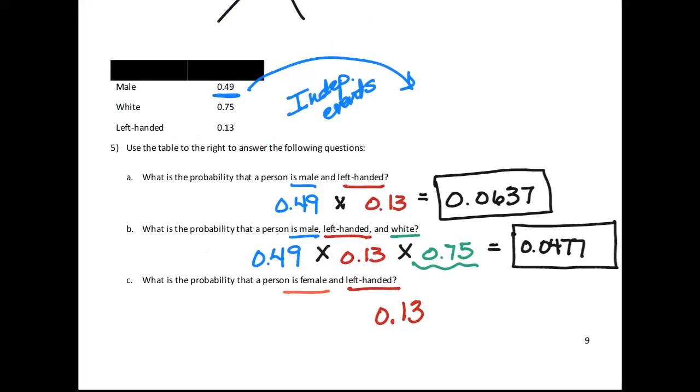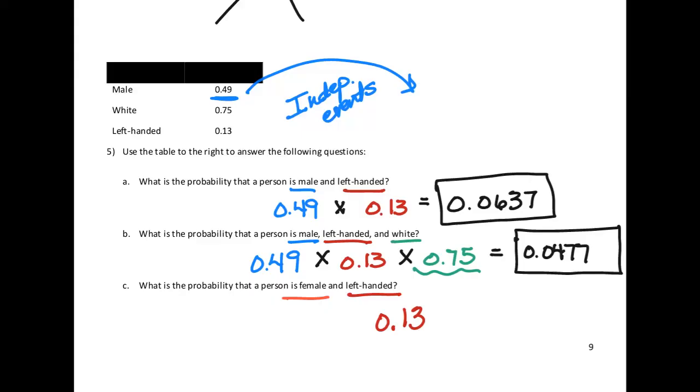So, yes, you take one whole to find the probability that female. You take one whole minus the probability of male, because if you believe in two genders, most people do, you're either female or male, right?